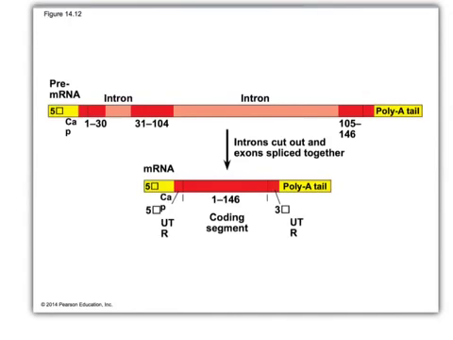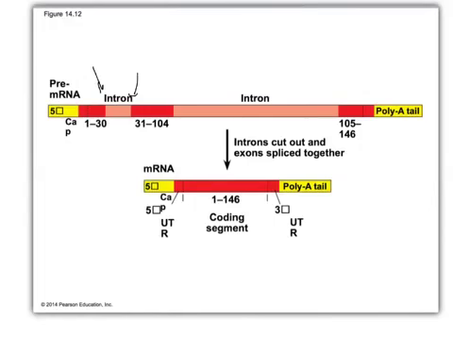So a cell has developed very specific ways to recognize these intron boundaries, the end of an exon and the beginning of an intron, and will take that out and link the two exons together. This is a property of the DNA sequence that's copied over into the RNA sequence.